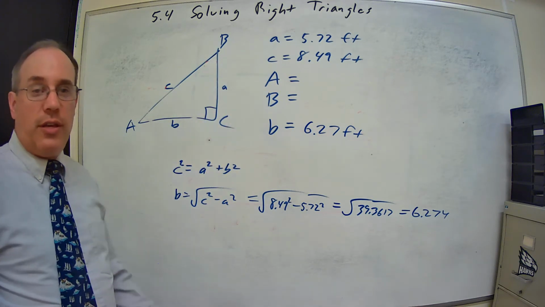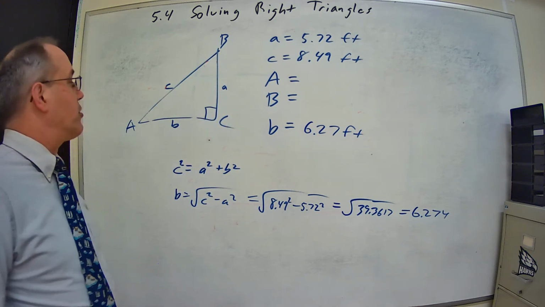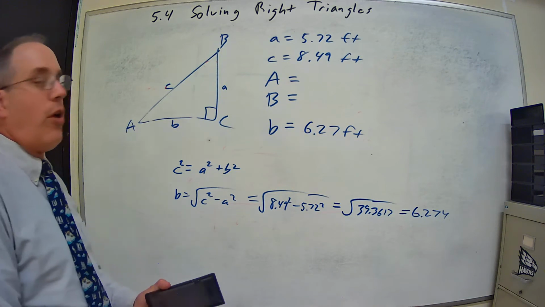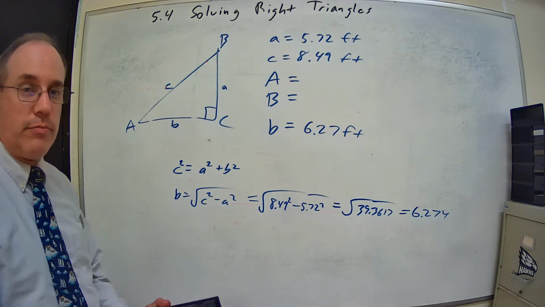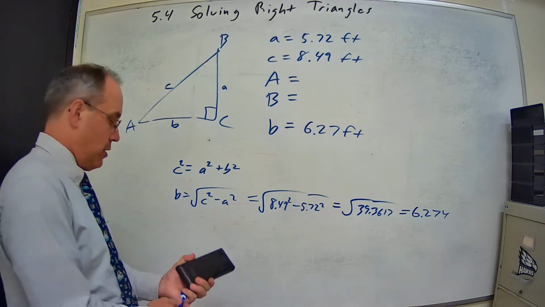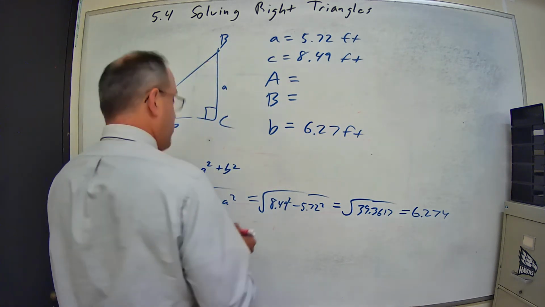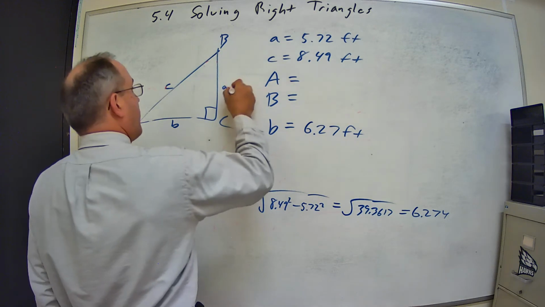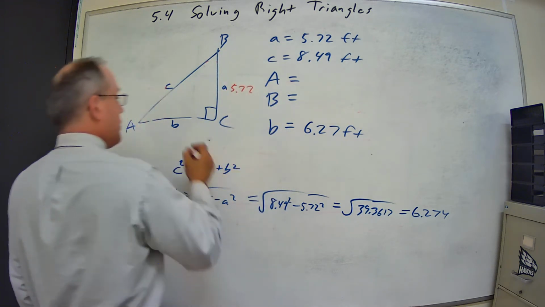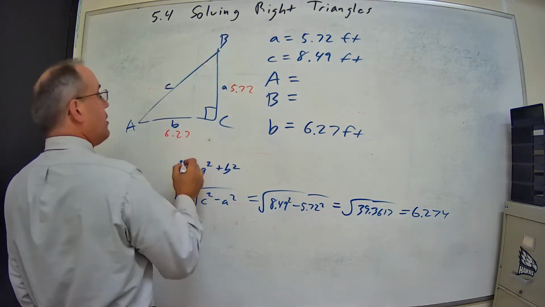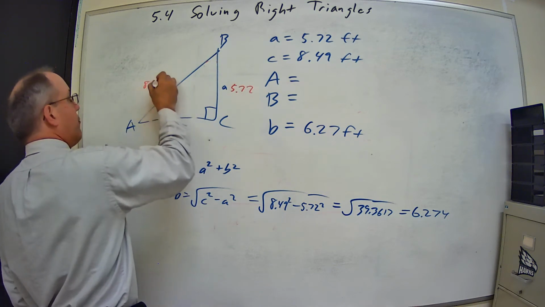Well, how do we find the angles A and B? Actually, we can use any trig function we want because we now have all of the sides of the triangle. So let's just write those in so we can visualize them. So we've got 5.72, 6.27, and 8.49.